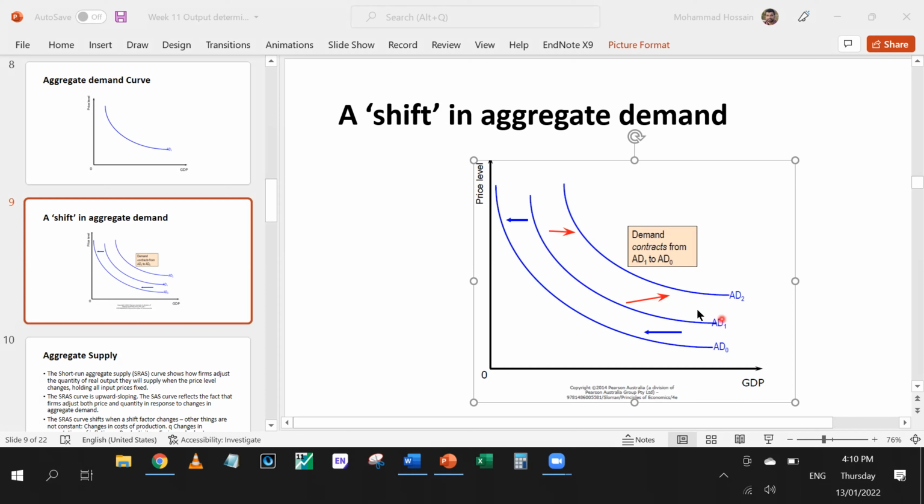When the aggregate demand will be less, the curve will be shifting to the left, AD0. When aggregate demand is increasing, or the real GDP is increasing, it will be shifting to the right, AD2. Just to show you guys how to draw the shift of the demand curve.